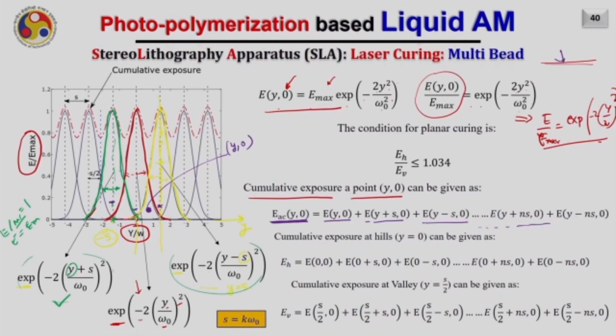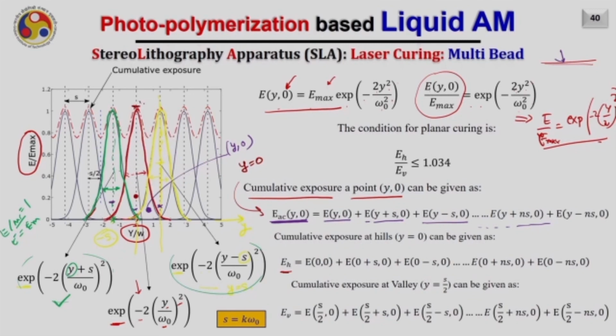Okay. Now, if I consider not a random location but just the center one, meaning a point here. We know that at this point y is 0. So, I can put y = 0 in this equation, of course, and hence this point which is at the center will be called the hill point, because you can see that maximum energy is already here and others are also contributing, hence the maximum energy will be here.